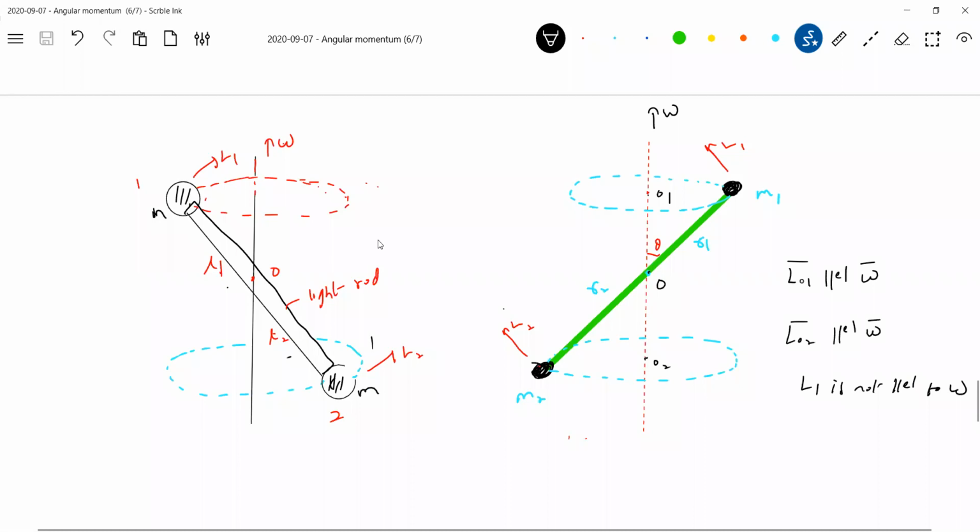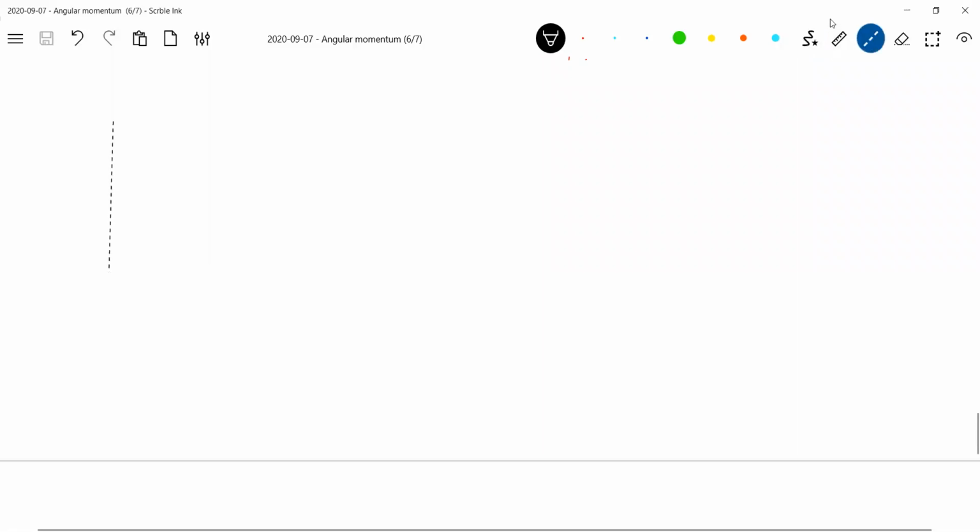Now, rotating rigid body. So let's take some other example. Let's rotate some circular disc. We took it, no? So let me rotate the plate itself, a rectangular plate. X-axis, Y-axis.